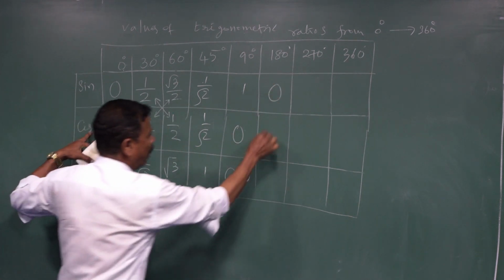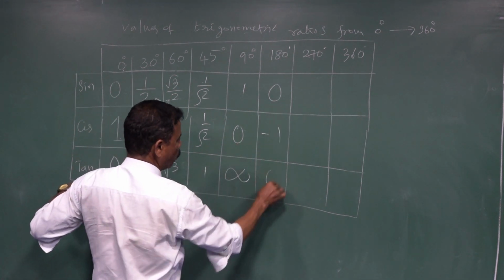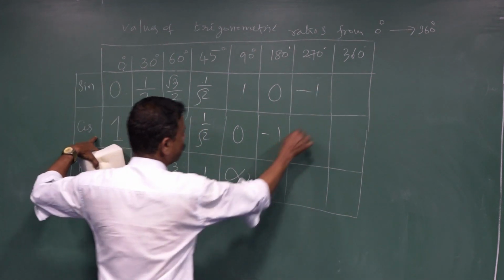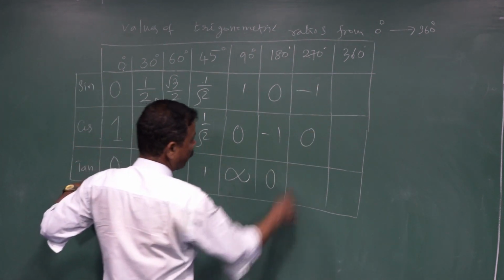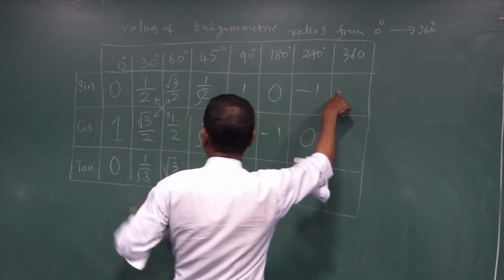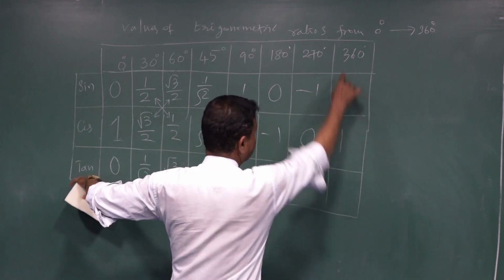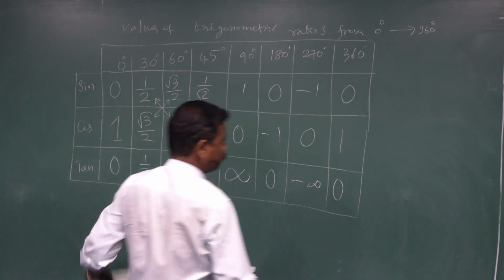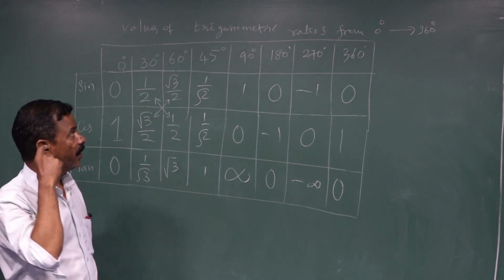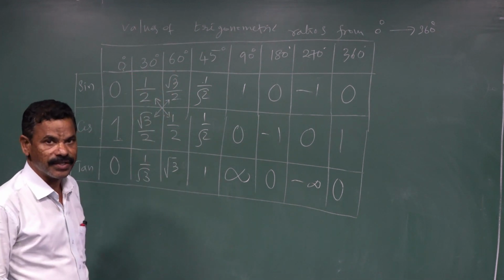Cos 180 minus 1, tan 180, 0 by minus 1, 0. Sin 270 minus 1 here, cos 270, 0. Tan 270 minus 1 by 0, minus infinity. Next, 360, sin 360 also 0, cos 360 1, tan 360 0 by 1, 0. These are the standard values of the trigonometric ratios, 0 to 360 degrees.